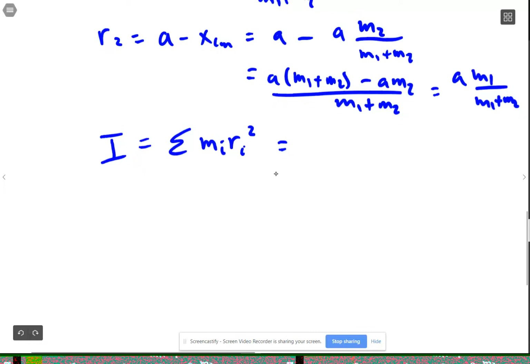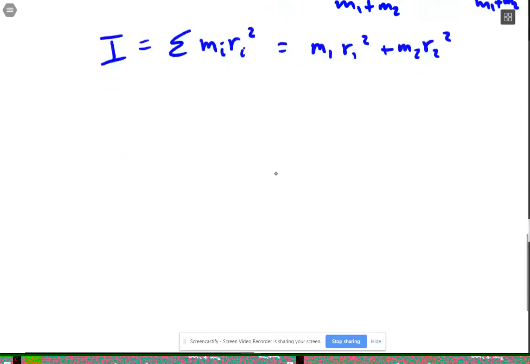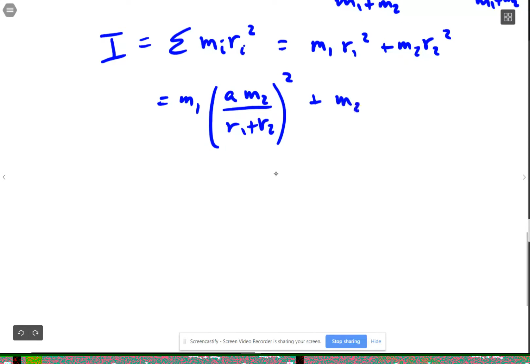So that's equal to m1 times R1 squared plus m2 times R2 squared. So if I replace my R1 and my R2, these are m's on the bottom, not r's.